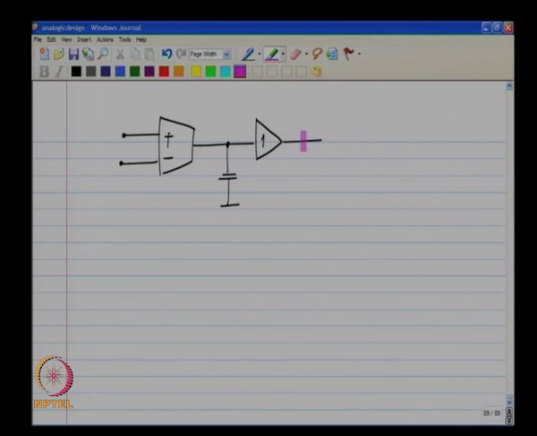This means that the voltage here is the same as the voltage there, but the input resistance of this block is infinity and the output resistance is 0. So, this block does not draw any current from the capacitor. At the same time, it can provide any current that is required from its output. So, this now is the equivalent circuit of the op amp. This is a way in which an op amp can be realized. Usually, there is a lot more detailed circuitry inside, but for now this will do. Okay.